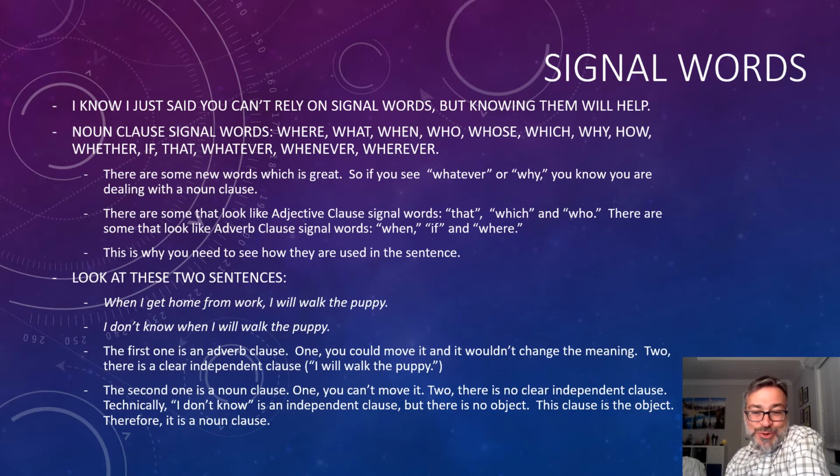Okay, there are some new words in there, which is great. That means anytime you see a sentence with whatever or why, you know you're dealing with a noun clause. But you have to be careful because look at that. That, which, and who are main signal words.